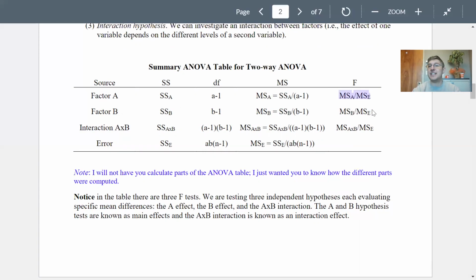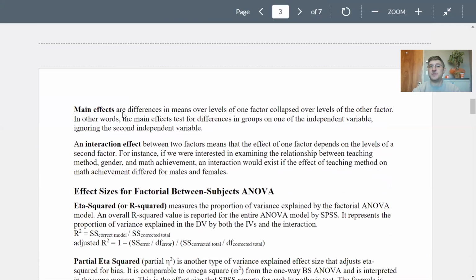And then this test would be what's the effect of factor B on our outcome, basically ignoring differences in factor A. And then our interaction hypothesis here would test whether the impact of factor A on our outcome depends on the different levels of our factor B variable.